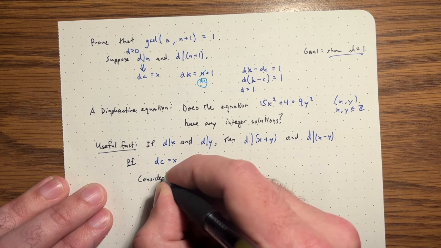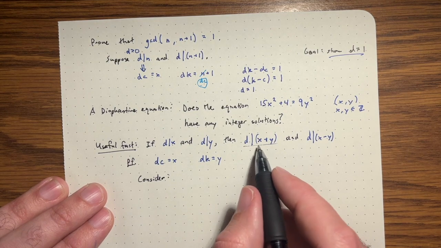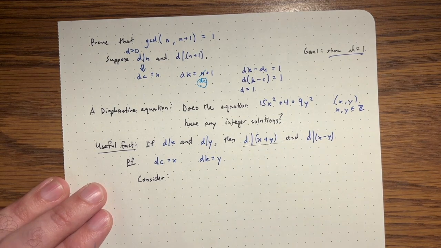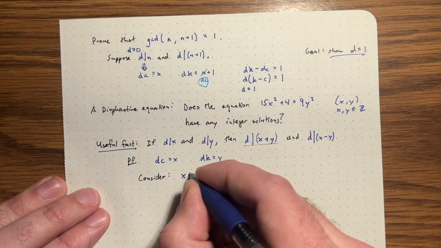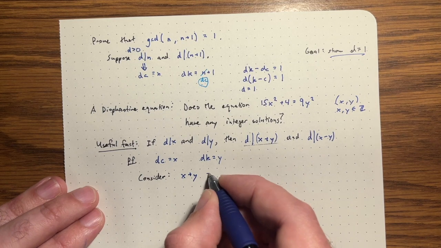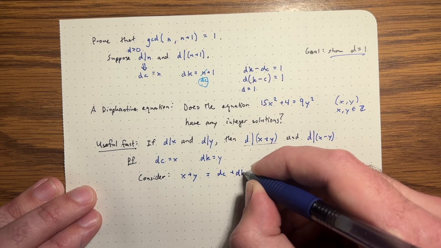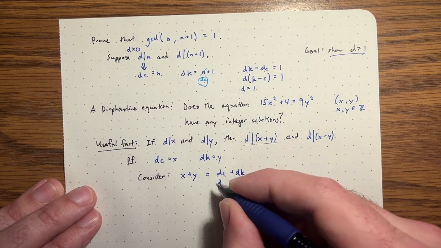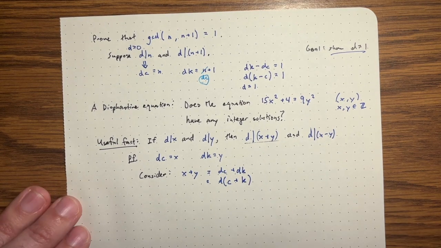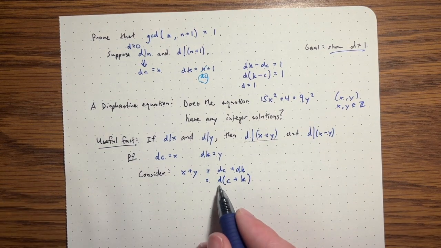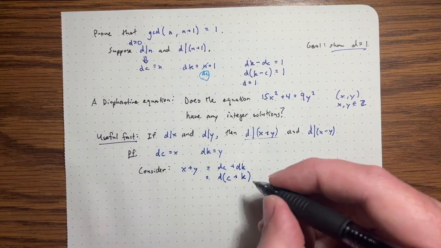I'm writing down what I know, and this is the thing I want to prove: that d divides their sum. So I'm going to take x plus y and use what I know. So it's dc plus dk. Now I can use the same idea: pull out the common factor of d. And there we go. We just showed that d divides x plus y because everything here is integers. So we're done.